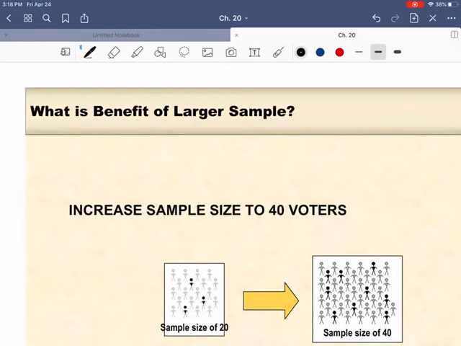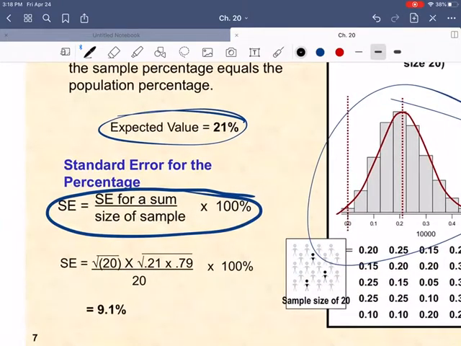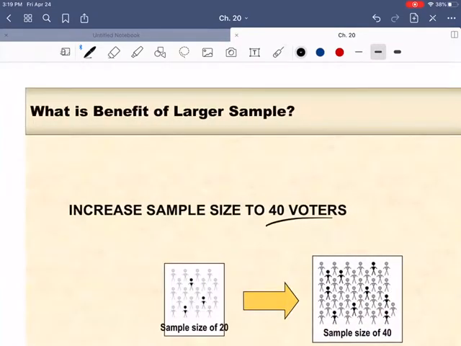So let's look, if we increase the sample size to 40 voters, here the SE was 9.1% and 21% when we had 20 voters. So 21%, give or take 9.1%.